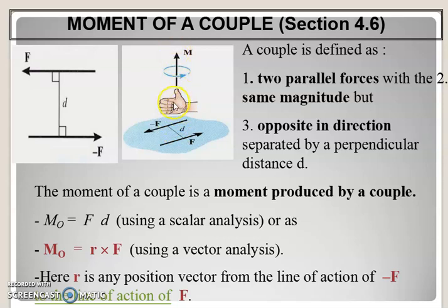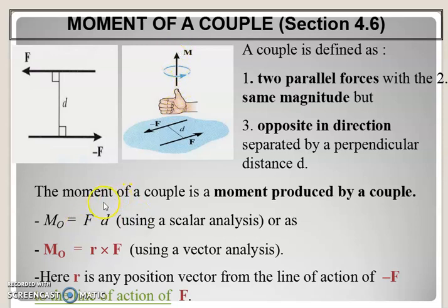So you can use the right hand rule to determine the direction of the moment. Your fingers will be rolled in the same direction as the rotation, and then your thumb will point out the direction of the moment.